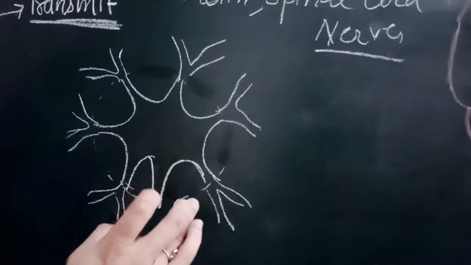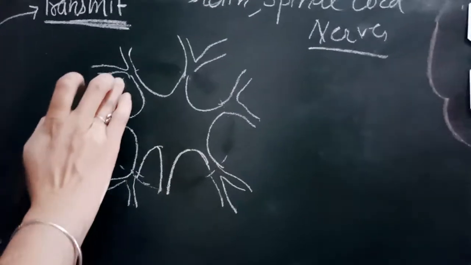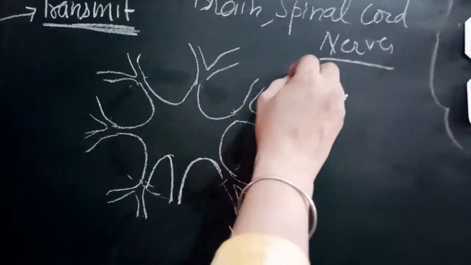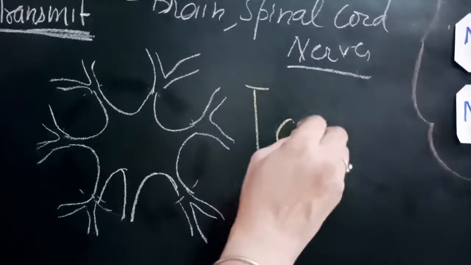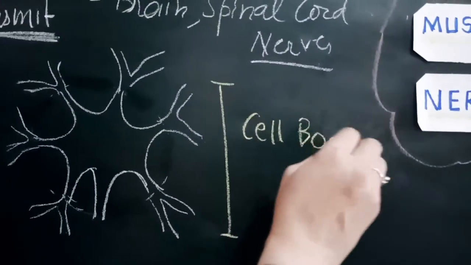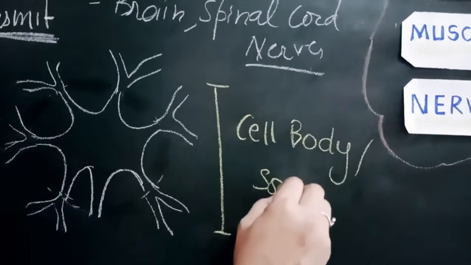We can erase the in-between circle. This expanded cell body is called the cell body, or we also call it the soma.